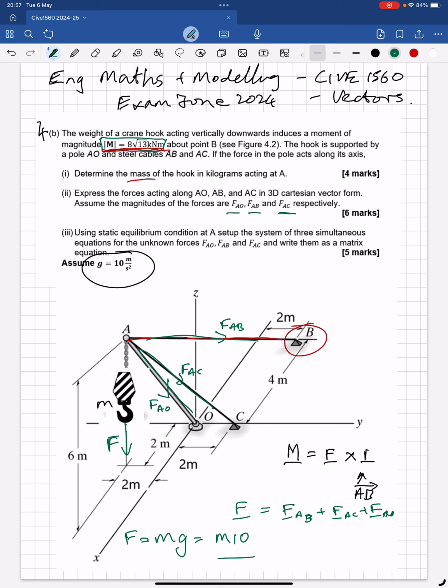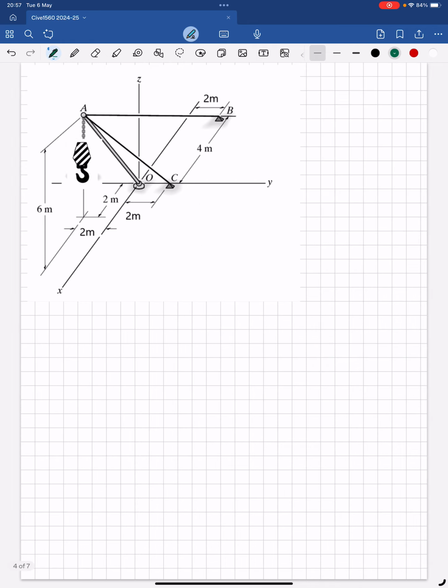So at some point we're going to need to calculate these and use that equilibrium, and we're also going to use this moment calculation.